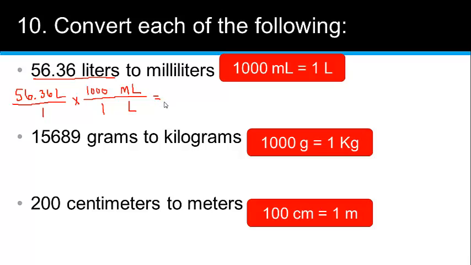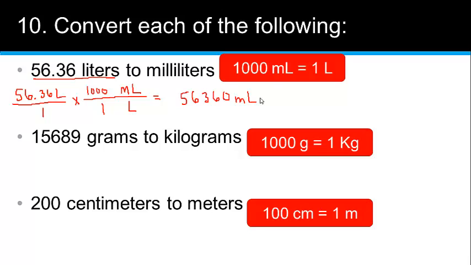So to solve this problem, I just need to multiply my answer by 1,000. So if I do 56.36 times 1,000, it's going to give me 56,360 milliliters.